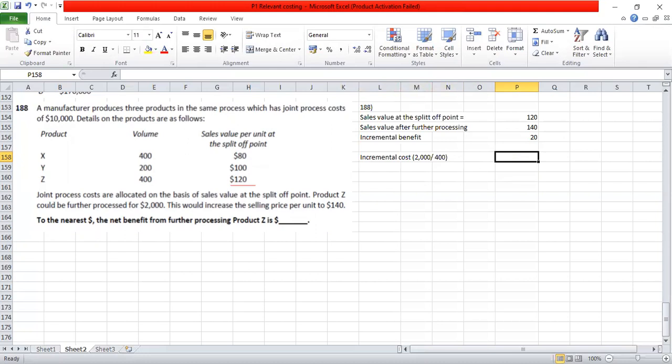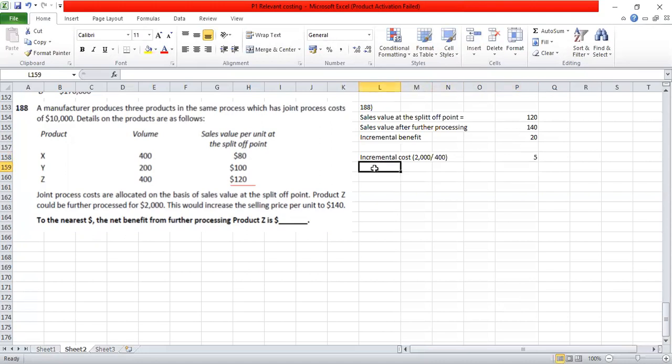It's 50, no? Incremental cost is 50. And 5. Okay, sorry, it's only 5. So the net benefit is 15 per unit.